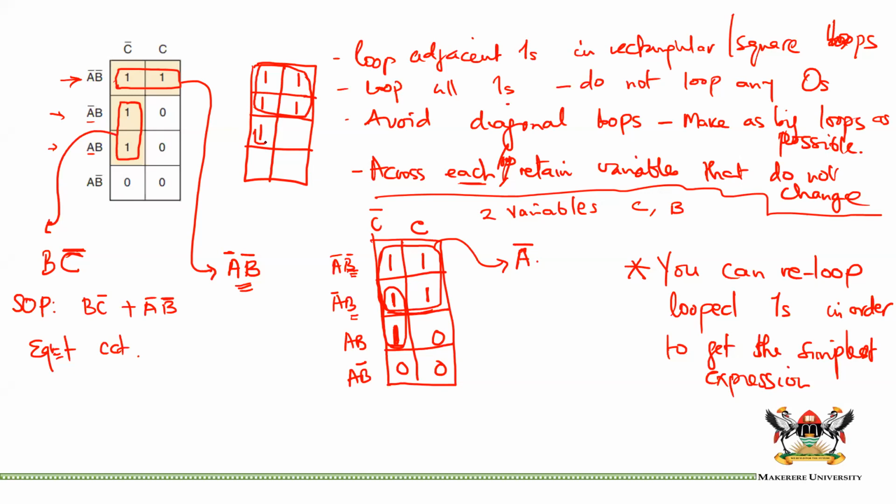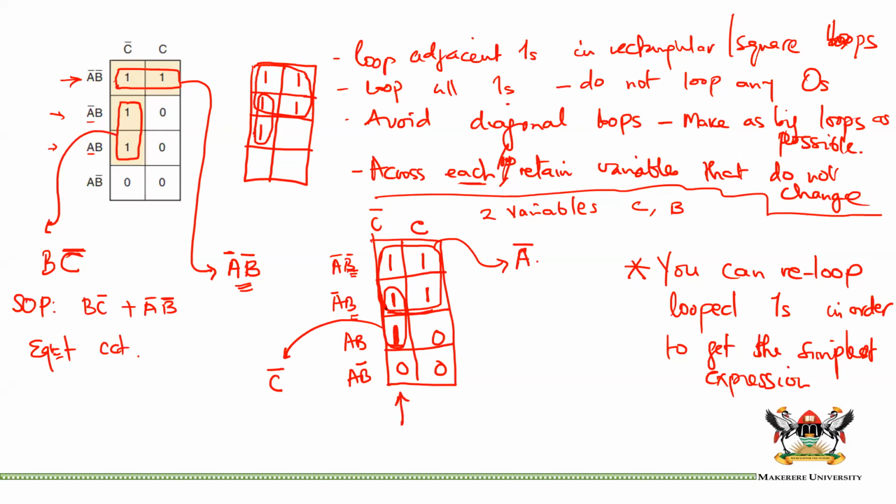You can now create a loop that actually uses that one much as it's already looped, because that creates a bigger loop. And if we do that, we are going to end up with C inverse not changing clearly across this loop because it is vertical.